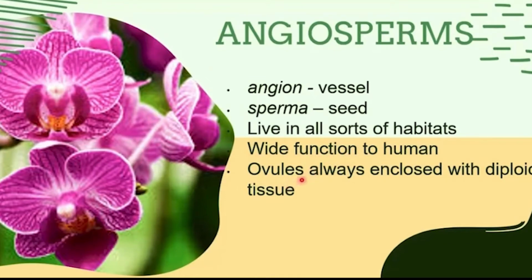We can see the trees in tropical forests, the herbaceous plants such as vegetables and herbs, and fruit plants are all angiosperms, and their ovules are always enclosed in diploid tissue, and that is why they are known as angiosperms.